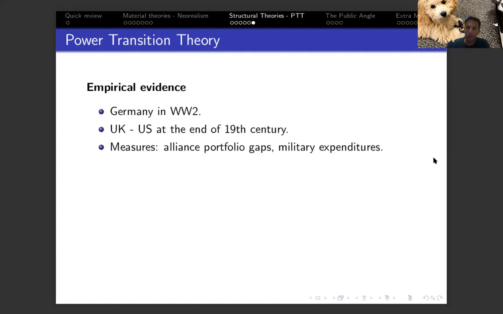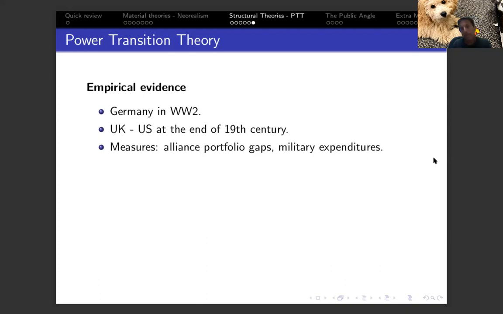Nazi Germany wanted to change the order of the international system. They gained enough power to challenge the existing order led by the British and the French, and the war started. Eventually, it did not lead to a German victory and a change of the system, but this is some form of empirical evidence, at least of getting into the power transition period.